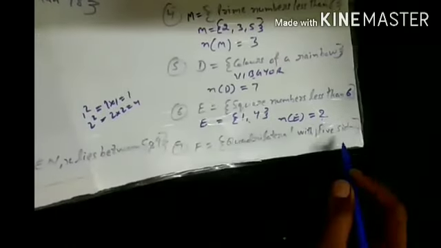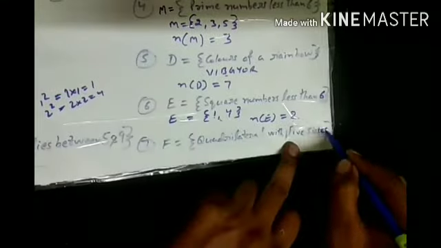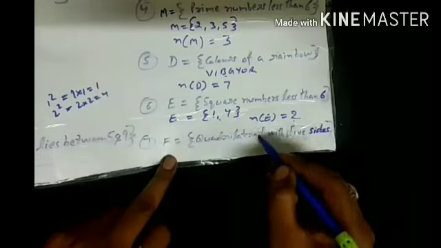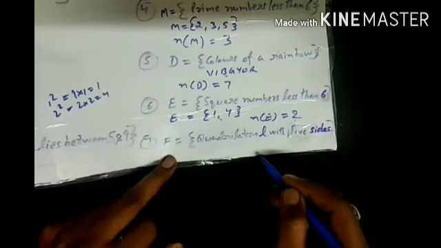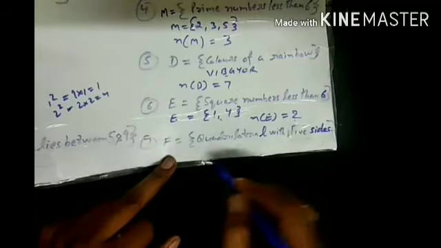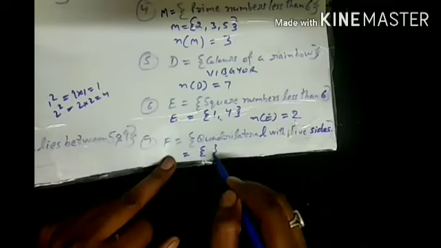F, quadrilateral with 5 sides. A quadrilateral is a 4-sided figure, so it cannot have 5 sides. So there is no quadrilateral which has 5 sides. So no element is there in this type of set.